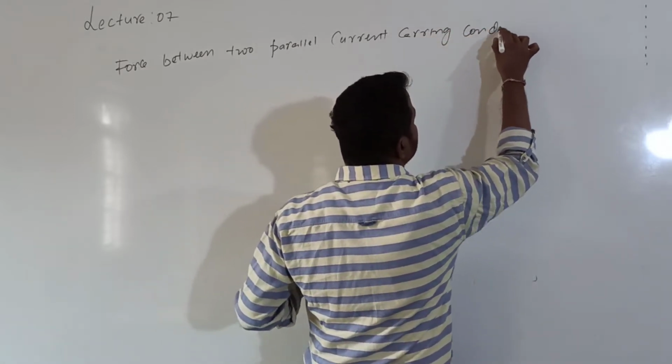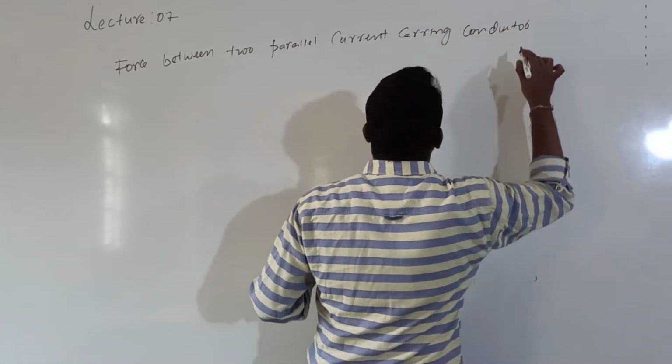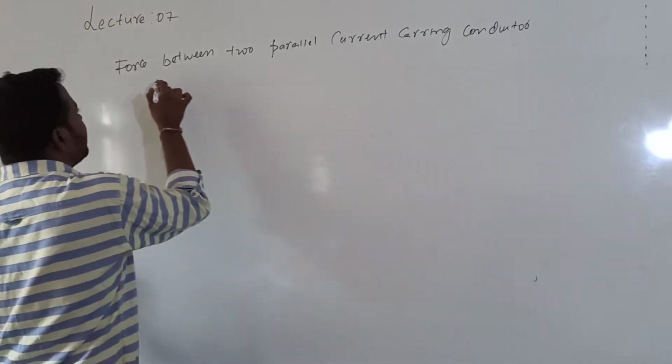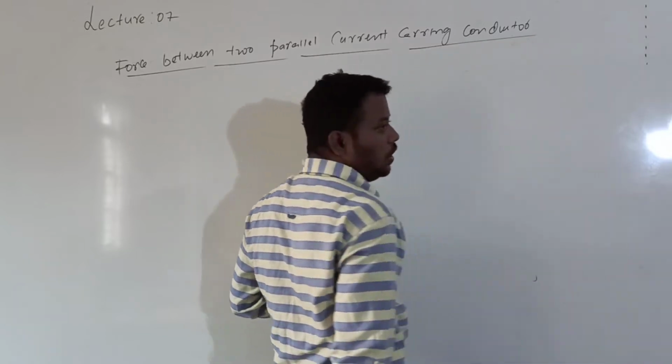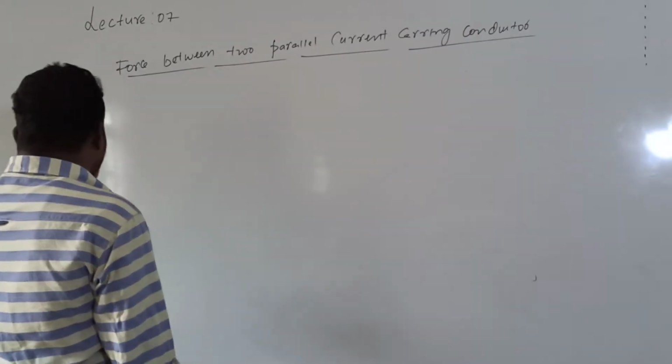Two conductors carrying current, when they are placed side by side, I want to calculate the force between those two parallel current carrying conductors.